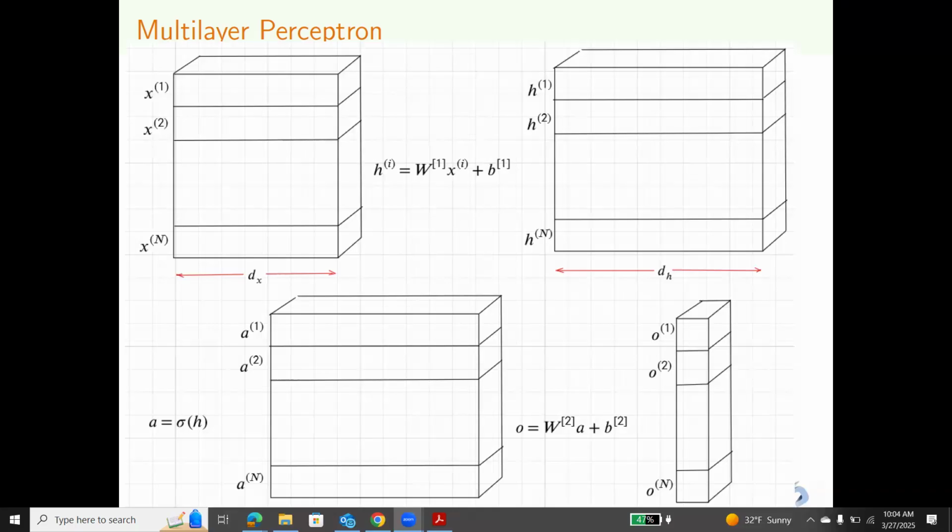If the output is one-dimensional, the shape of this matrix is 1 times dh. As the result, we get for every input point 1 output, and the number of outputs is also n.